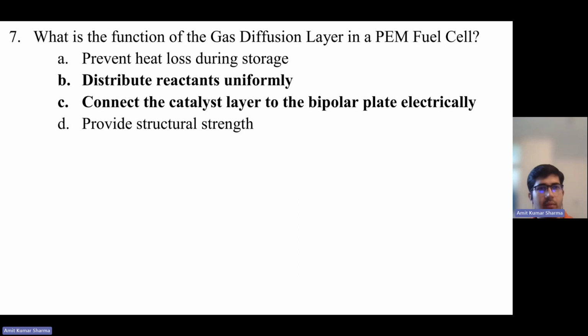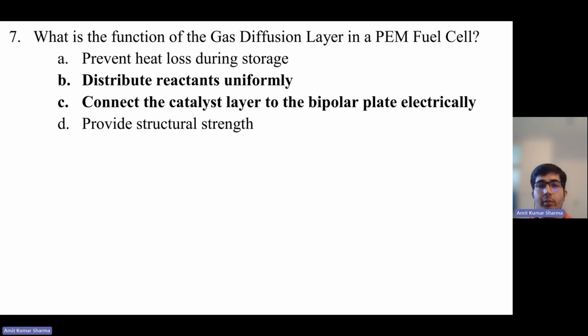So GDL is basically a very thin layer on the PEM fuel cell. And you can also look carefully at the name, the gas diffusion layer. Maybe if you think carefully, then you will understand the meaning of gas diffusion. What can be the purpose of this layer then?